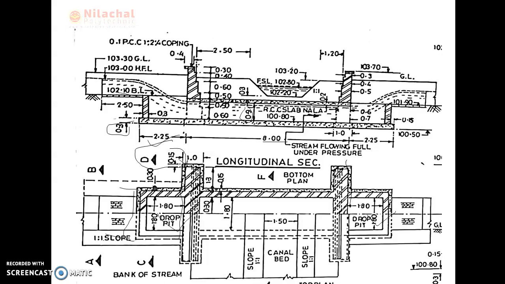Then how can we find the height? For the upstream side, the ground position is 100.50 and the bed level position is 102.10, so 102.10 minus 100.50 is equal to 1.60. For the downstream side, the bed level position is 101.90 and the ground position is 100.50, so 101.90 minus 100.50 is equal to 1.40.